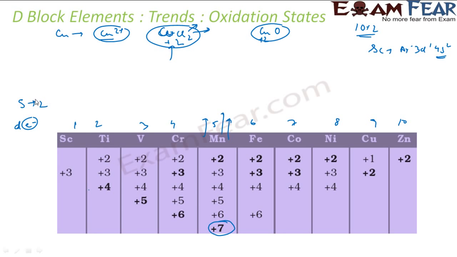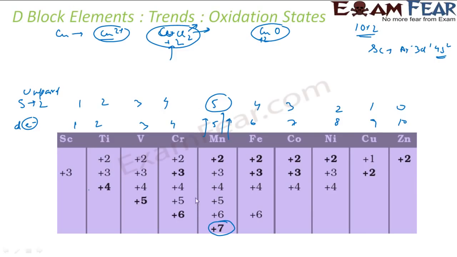If we talk about the unpaired electrons here, let's suppose this has 1, 2, 3, 4, this has 5, this has 4, this has 3, this has 2, this has 1, this has 0. Correct? So if you see, the number of unpaired electrons increases and then decreases. This number of unpaired electrons determines the number of bonds it can form, because you typically form bonds with the unpaired electrons.